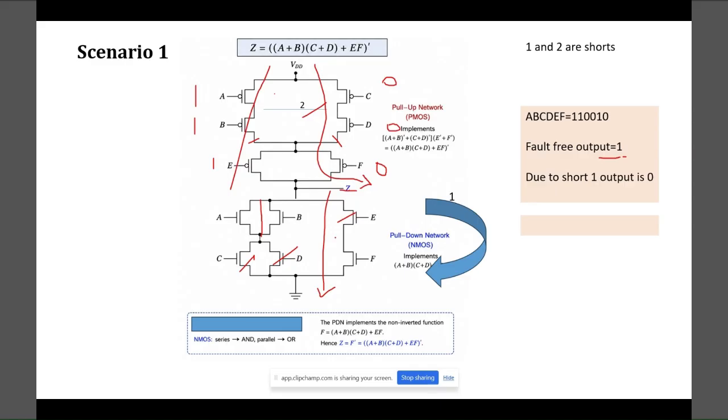So what I want to say from this is, again, the location of the short or open affects the transistor's operation. As a whole, it affects the overall functioning of the circuit, thereby resulting in simple stuck-at faults or maybe multiple faults. So again, based upon the occurrence of faults only, we can decide. So for explanation purposes, I have considered this as an example.